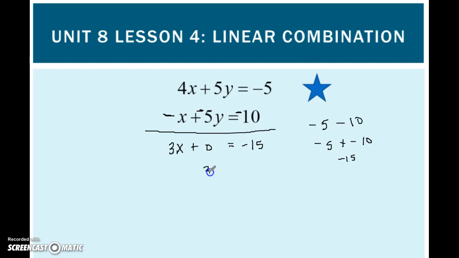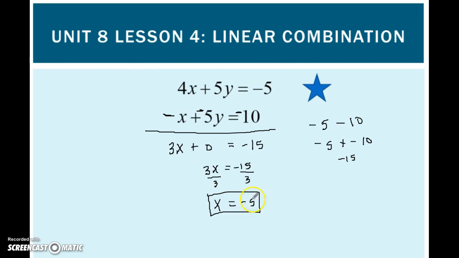That leaves our equation as 3x equals a negative 15. And divide by 3 so that our x is by itself. You end up with x equaling negative 15 divided by 3 is a negative 5. So there's our x coordinate of the solution.